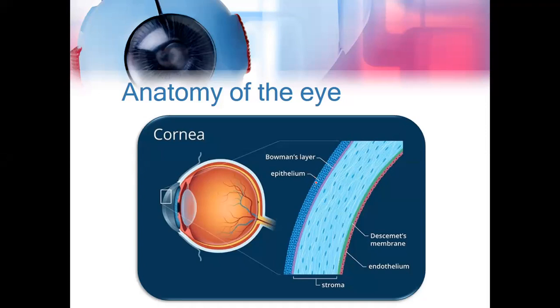Then we have Bowman's membrane or Bowman's layer, this purple one, I think. Then we have the corneal stroma, this thicker one. Then we have Descemet's membrane, which is the green one here, and then we have the endothelium. So those are the five main layers of the cornea.